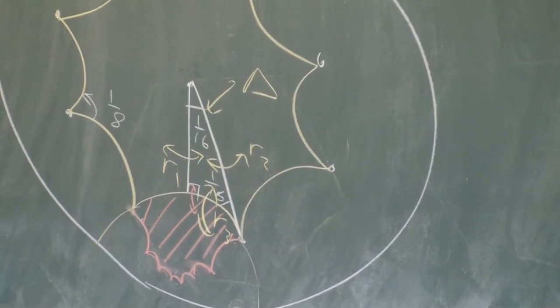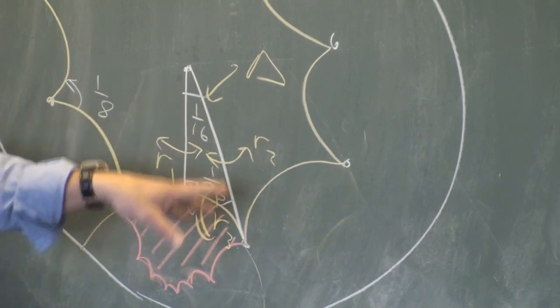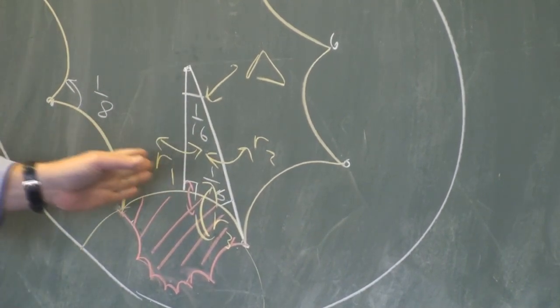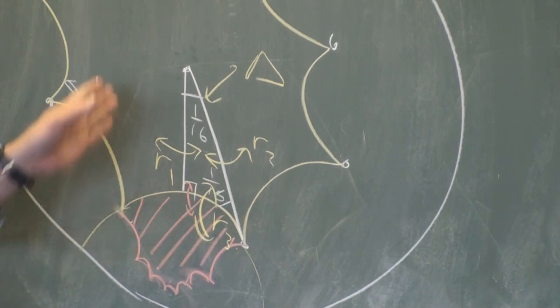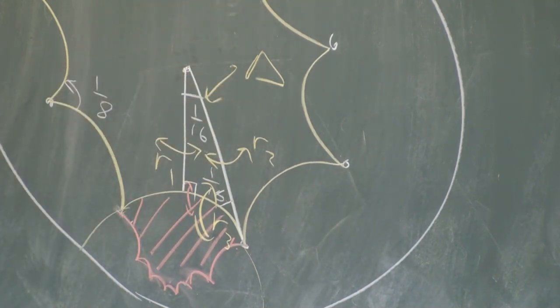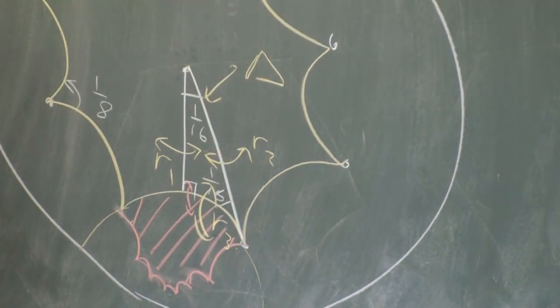And it turns out that all the reflections that occur in this tessellation can be written as words in R1, R2, and R3. So there's a sort of an algebra of reflections, and I just want to give you a brief idea of how that might go. Let's have a look at the labeling of the sides.